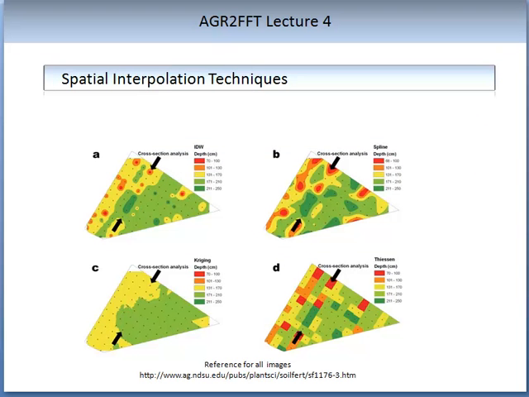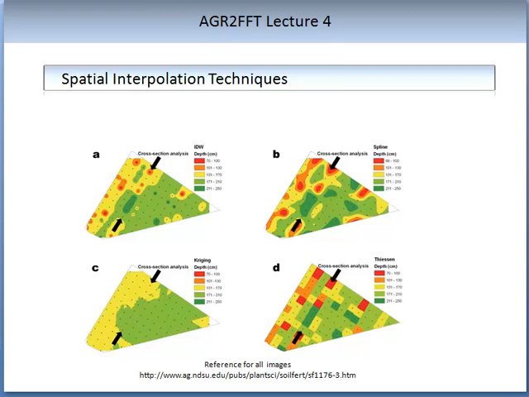So what do all these spatial interpolation techniques actually mean for you as the person who may be using this information? Well, it means that where data is missing, you may get a slightly different story or impression of how your yield is varying, depending on which technique is used. On the screen, you see an area where 4 different types of interpolation techniques have been used: IDW, the spline technique, the Thiessen technique, and kriging.